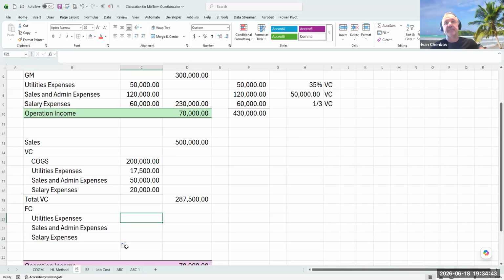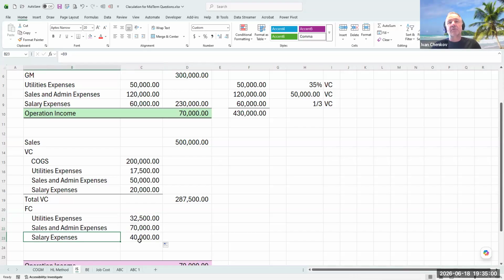My utility expenses are 50,000 minus the variable cost. Boom. Then my salary expenses will be 60 minus 20, that's 40,000. Total fixed cost.